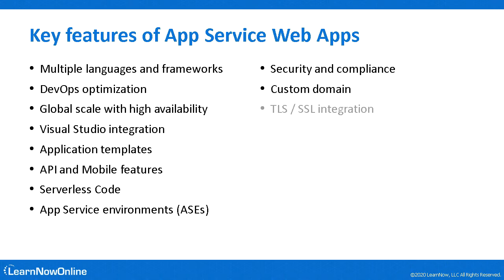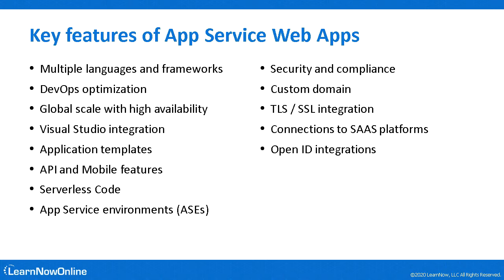As I mentioned, custom domains, TLS, and SSL integrations are also there. We can also connect with existing software as a service platforms. So if your organization is using software as a service like Office 365 or SAP, you can integrate with that. It can also support OpenID integrations, like when you want to provide authentication and authorization, sign in through Facebook or sign in through Gmail or any other authentication provider, you can integrate easily with app services.